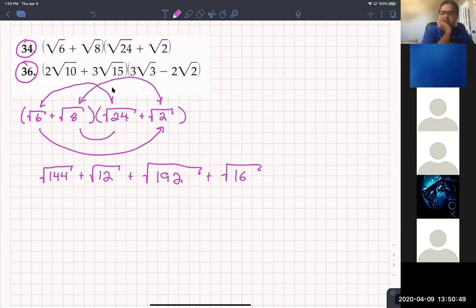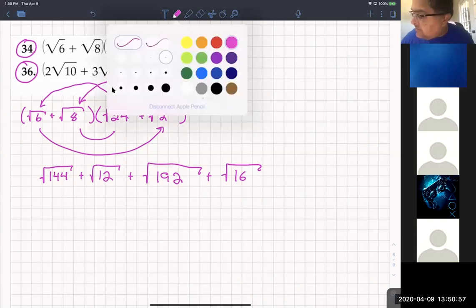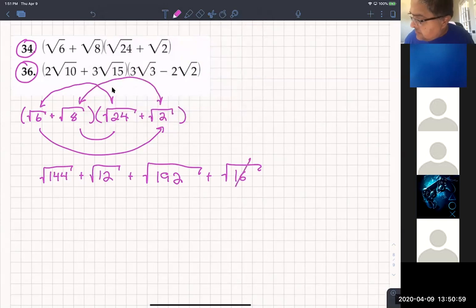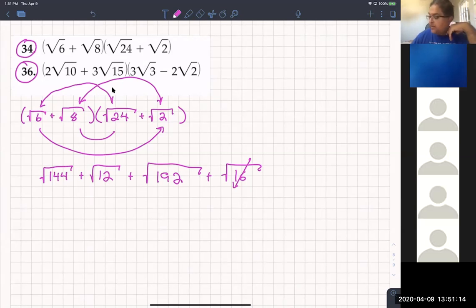Which ones of these are a perfect square? Root 16, and what does root 16 become? 4, good. And then root 144 would be 12, good.